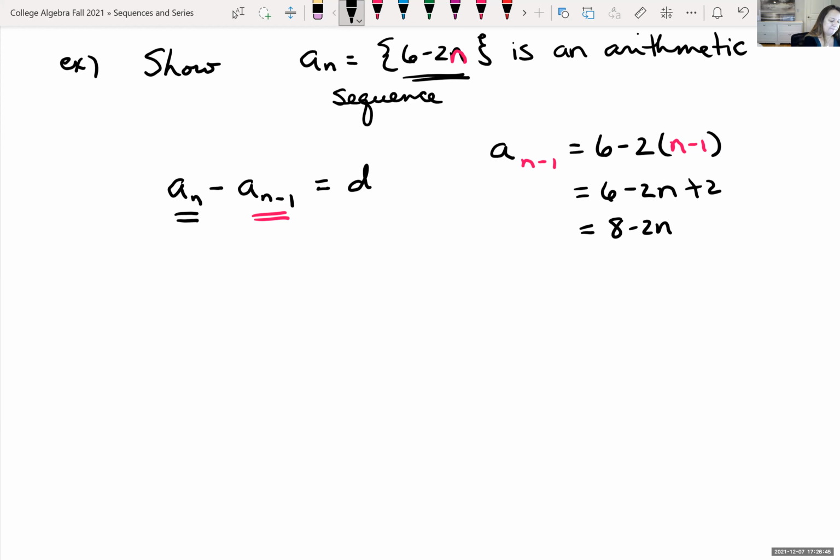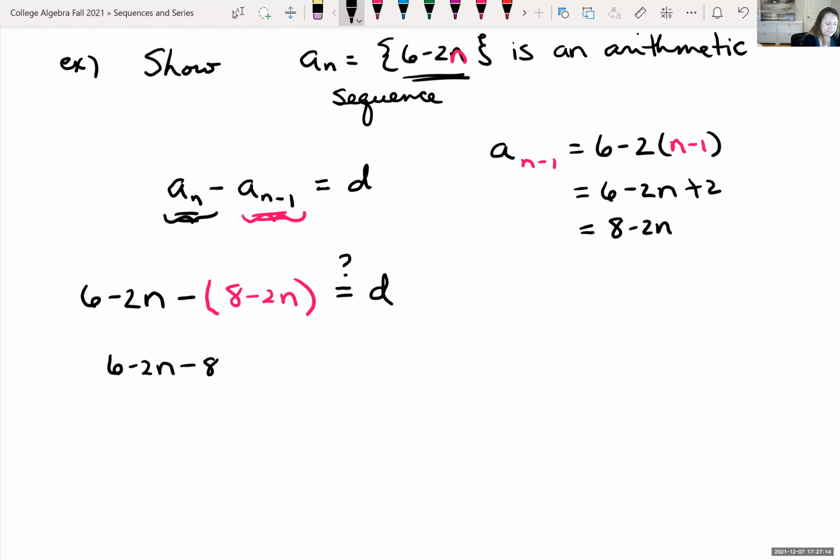So let's look at a sub n, which we are given, 6 minus 2n, minus the term right before it. So we need parentheses around that whole thing, 8 minus 2n. Does this equal some constant d? So cleaning it up, we have 6 minus 2n, distributing in the negative, we get minus 8 plus 2n. Is that equal to a constant?